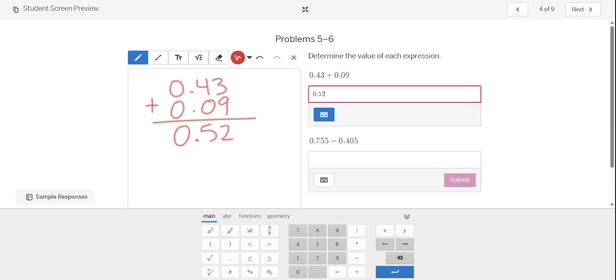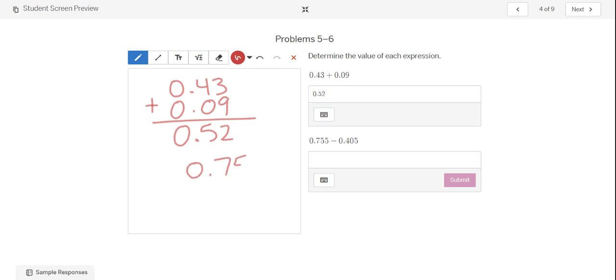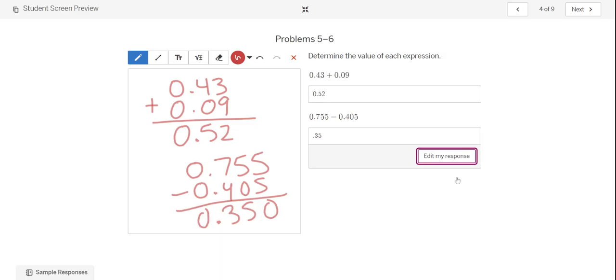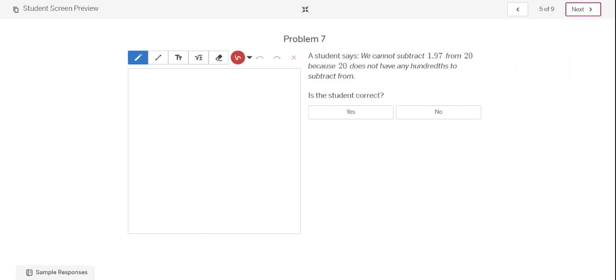It's okay either way. 0 and 755 thousandths minus 0 and 405 thousandths. I get 0.350. Even here, my calculator would just say it was 0.35. Doing it by hand, I get that extra 0, and that's the way most math teachers would know if you were using a calculator for these.